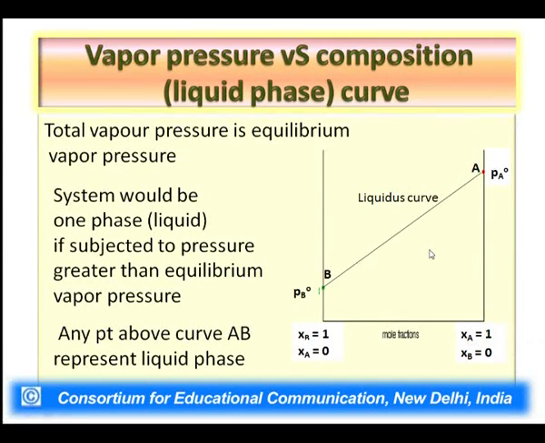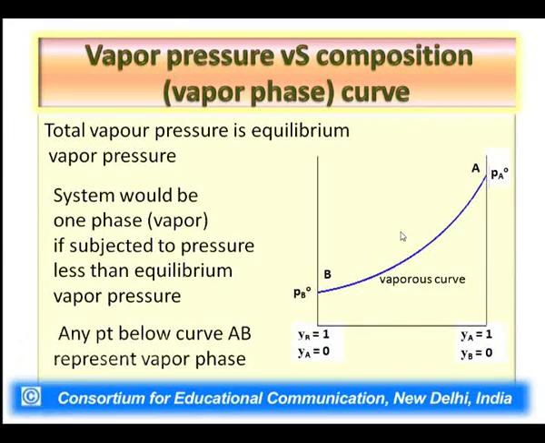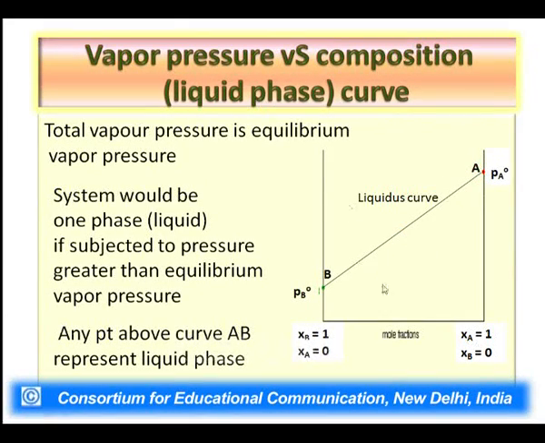So it is important to note that any point on this diagram, on this pressure versus composition curve, represents the state point of the system, or in other words the overall state of the system. That overall state would be determined as liquid phase if the overall state point lies above curve AB. If the overall state point lies on curve AB, it means you will have liquid phase which will come in equilibrium with vapor phase.